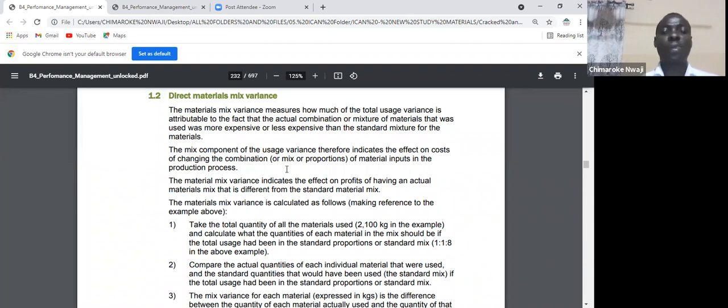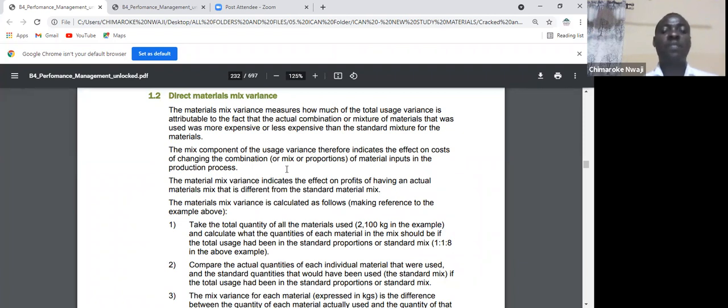All right, so we're going to see the process for calculating material mix variance. The mix component of the usage variance indicates the effect on cost of changing the combination or proportions of material input in the production process. We'll see that in an example.